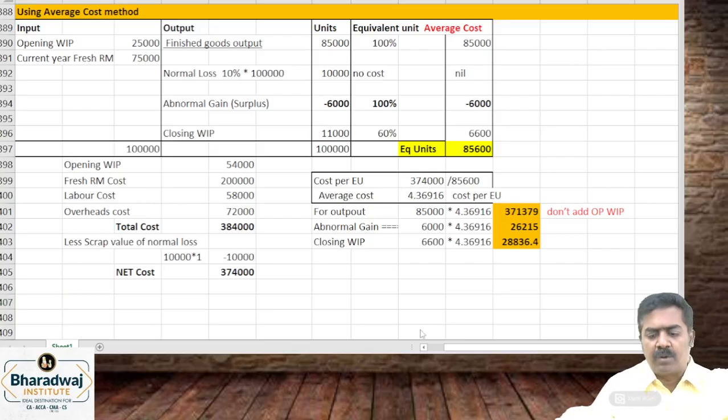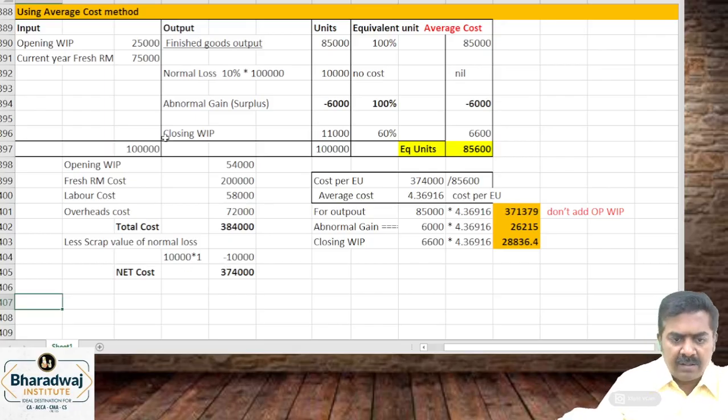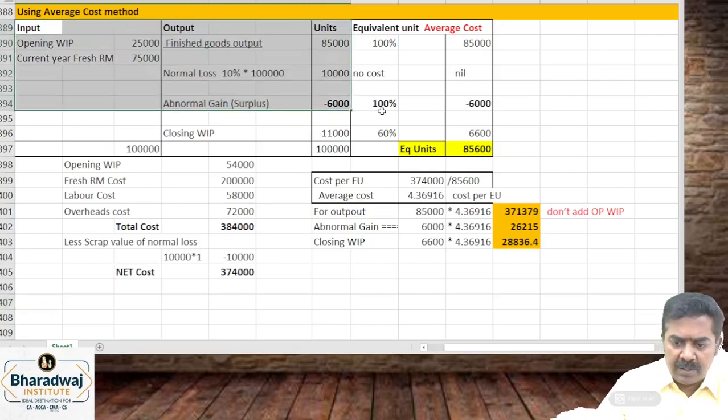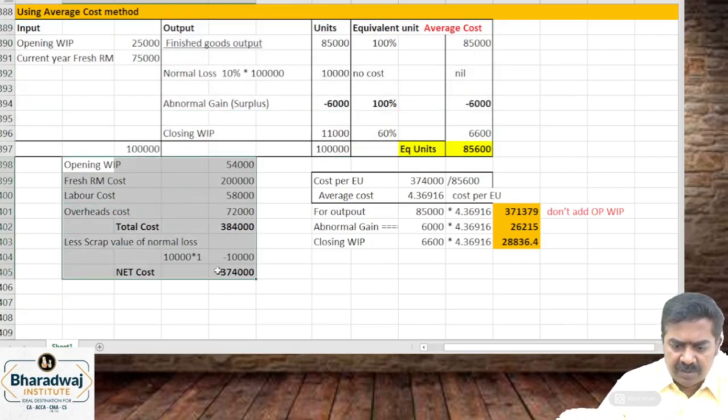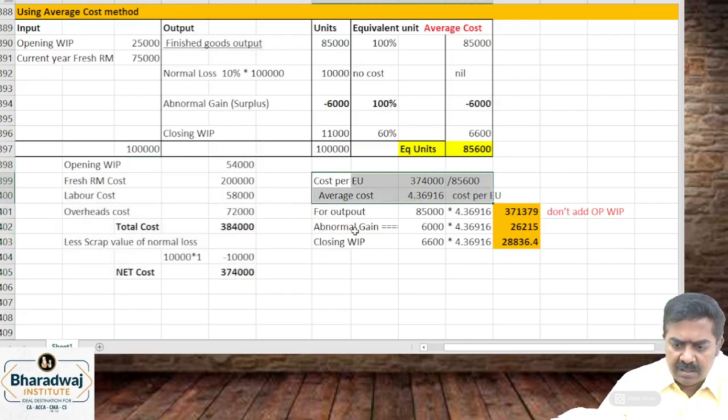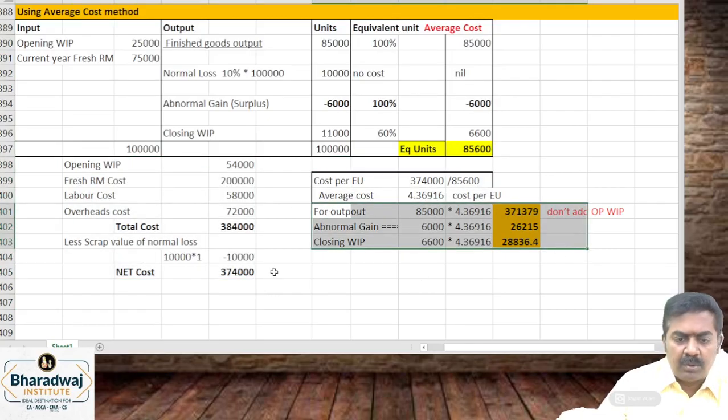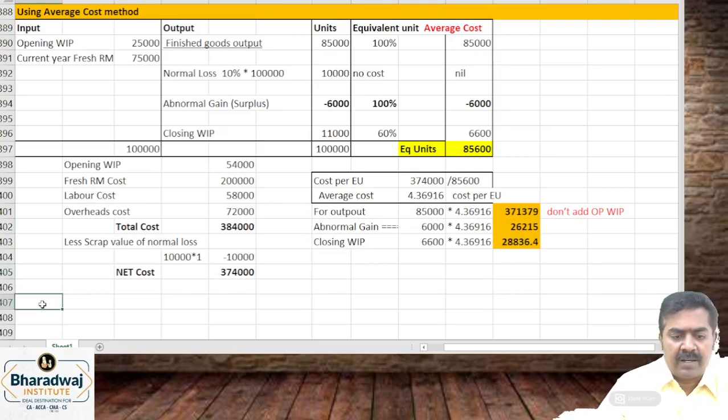Next question you are going to try. You are going to try all the steps. Work out equivalent units, cost for the year, net cost, then find out under both FIFO method and average cost method.